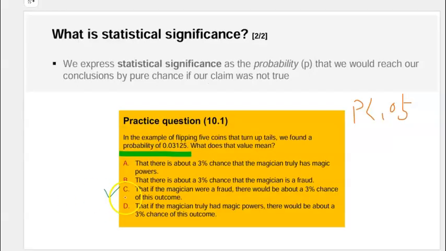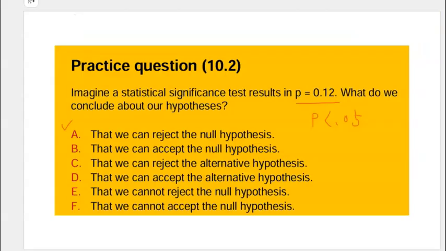In other words, the probability that the magician doesn't have any power is only 3%. Okay, it can be a bit confusing in the beginning, but we have to think well about this difference between the alternative hypothesis and the null hypothesis.